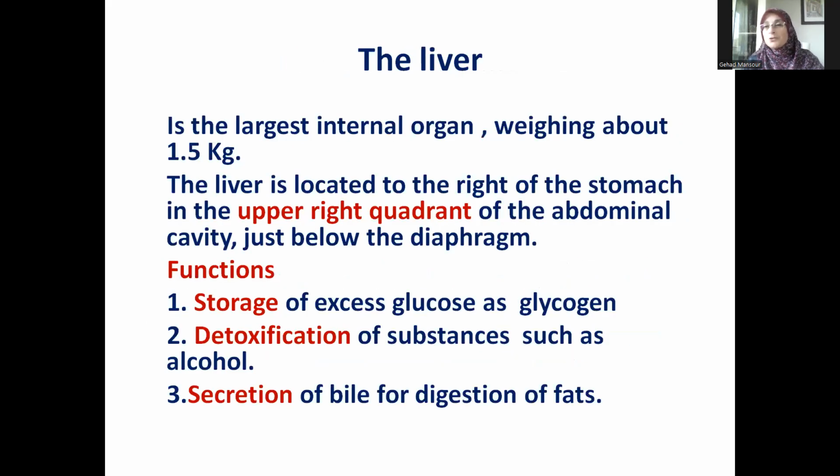The liver is the largest organ in the body, and if the stomach lies in the left upper quadrant, the liver lies in the right upper quadrant of the abdominal cavity, and the liver has many functions: storage of excess glucose as glycogen, converting toxic substances into non-toxic ones, which we call detoxification, and most importantly, and most related to the process of digestion, the secretion of bile for digestion of fat.